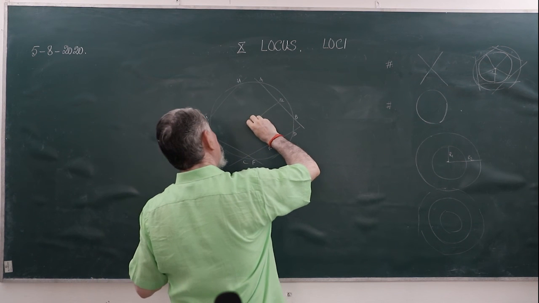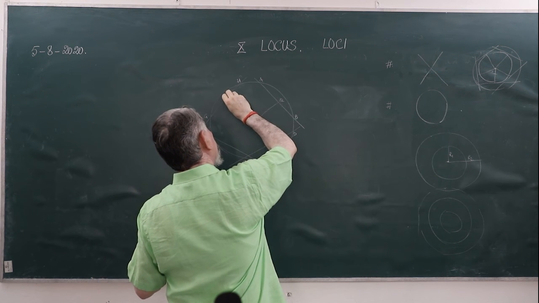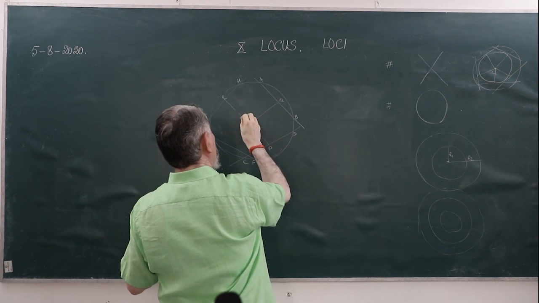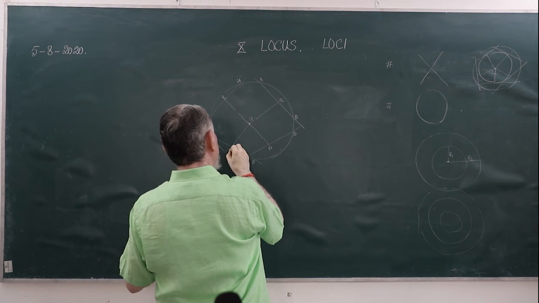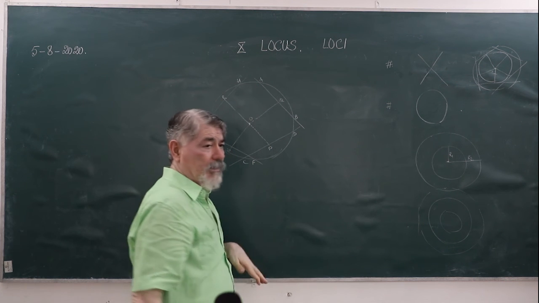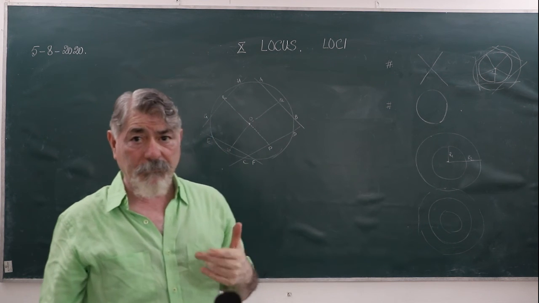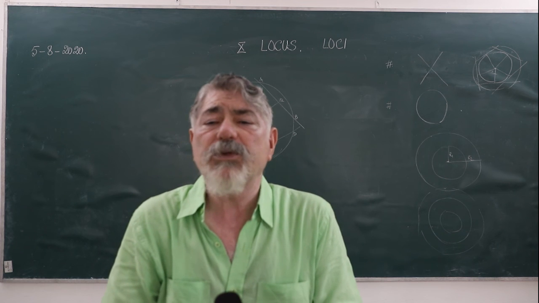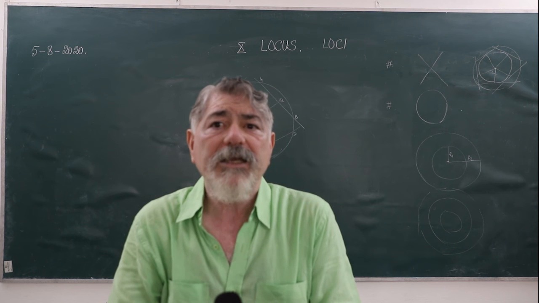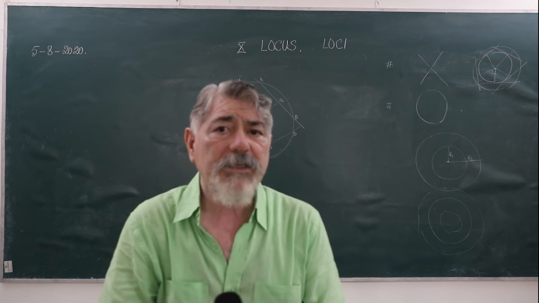If I draw perpendiculars OR and OS, then I'll realize that all these OP, OQ, OR, OS will be of same length, because equal chords of a circle are equidistant from the center of the circle.